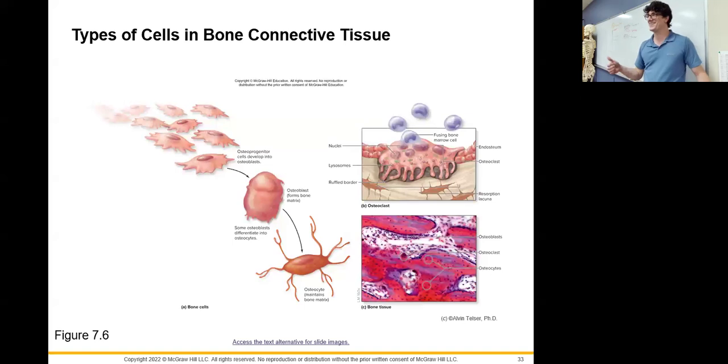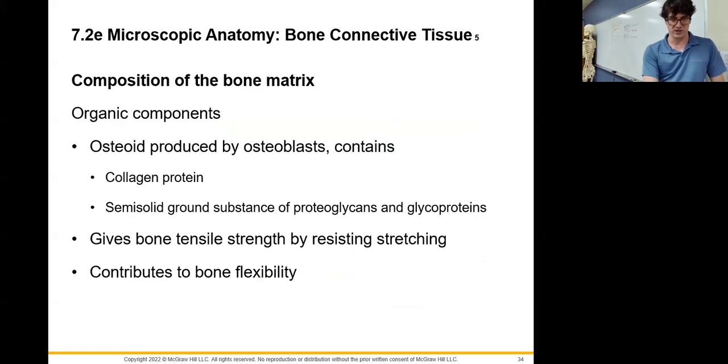So clasts break bone, blasts build bone. Now we can actually see osteoblasts and osteoclasts in these micrographs. So whenever we look in the microscopes here in a second at our bone, I will point out the osteoclasts and osteoblasts.